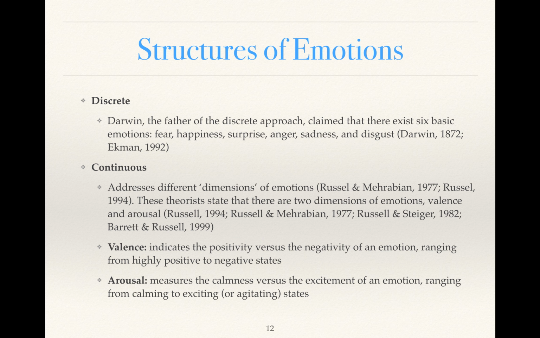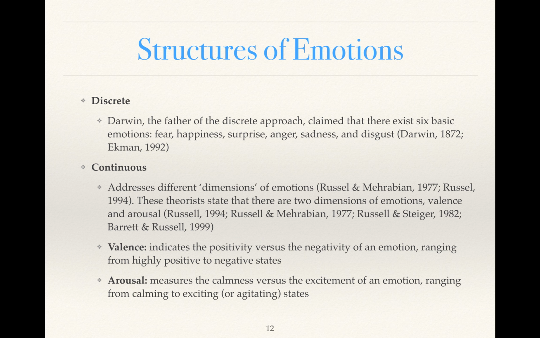Then, when it comes to the continuous emotions, they're talking about the different dimensions of emotions. And here's, for example, Russell or Scherer. What they're basically saying is that it's not only 6 emotions, but there are continuous different dimensions of emotions, from valence to arousal.